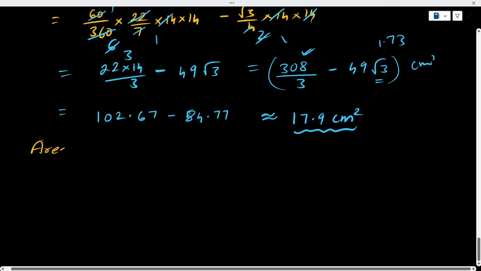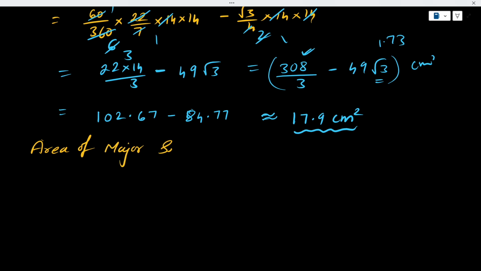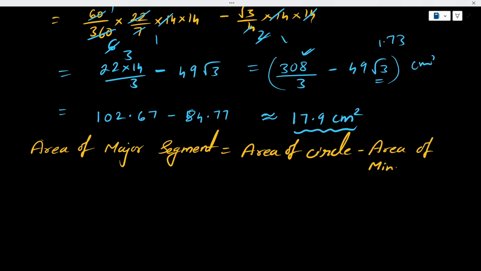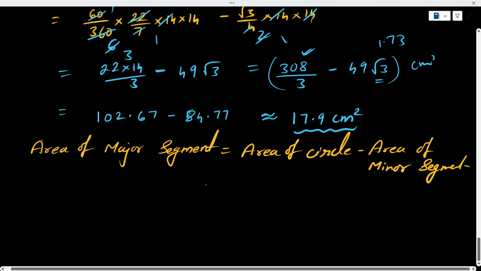Area of the major segment equals area of the circle minus area of the minor segment, and you have already calculated the area of the minor segment. And what is the area of the circle?